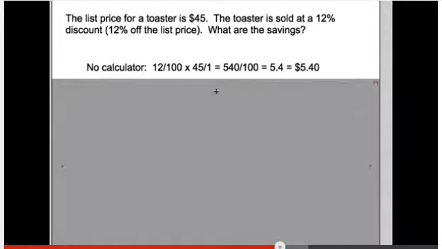Now you should have solved the problem without using a calculator. So you took your 12%, wrote it as 12 over 100, multiplied that by your 45 written as a fraction, 45 over 1. 12 times 45 is 540. I know that's not always easy to figure out.